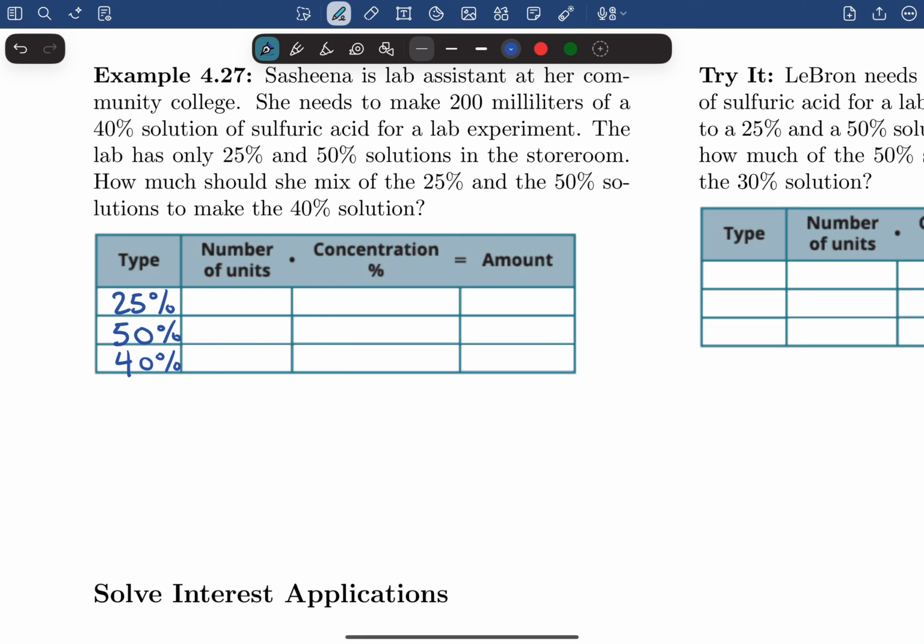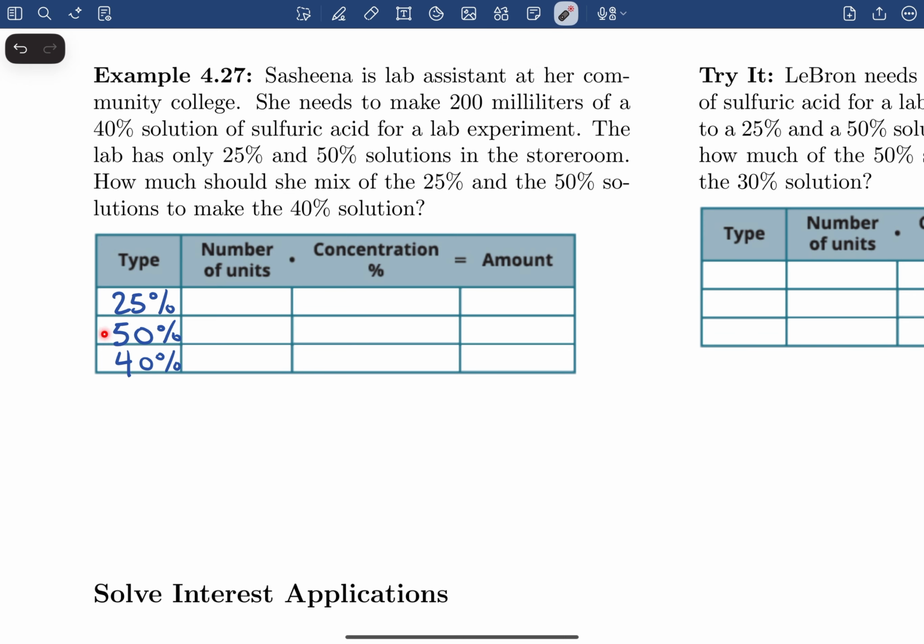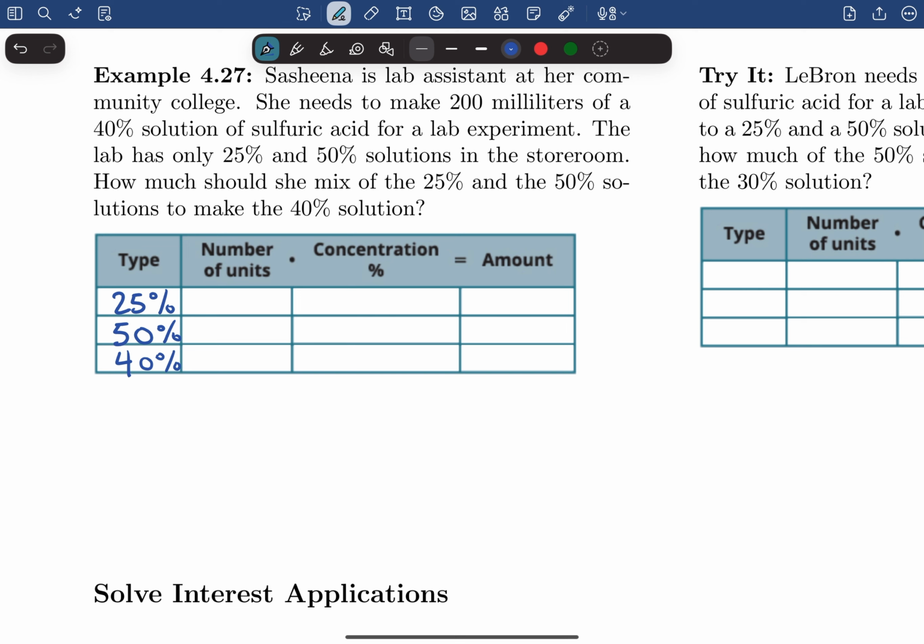Now, we don't know how many milliliters there are of each of these two solutions, the 25% and the 50%, but we do know that there are 200 milliliters of the 40% solution. So I can put 200 right here.